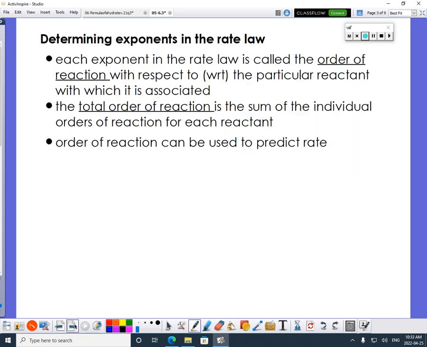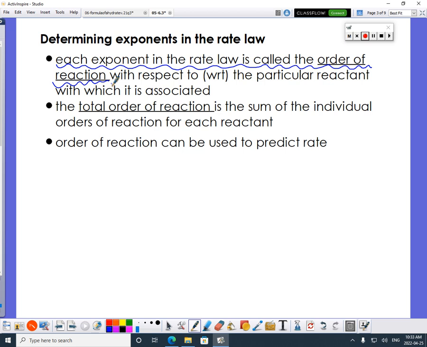If you have a rate law, then each exponent in the rate law is called the order of reaction. Which is sort of unfortunate because it doesn't mean the order that the reaction occurs in.